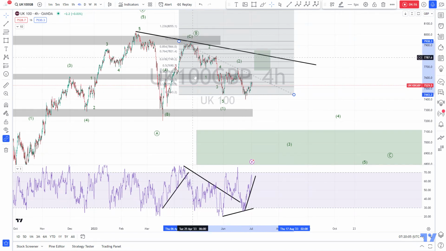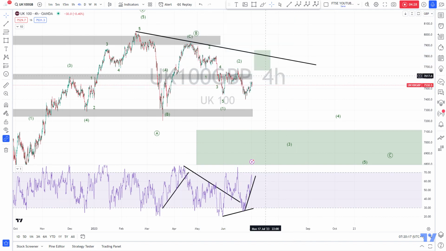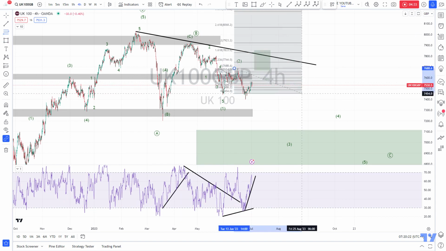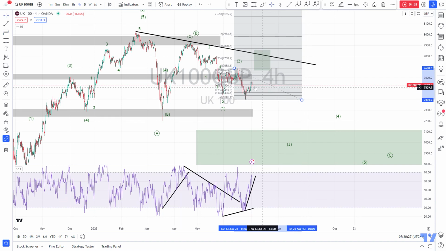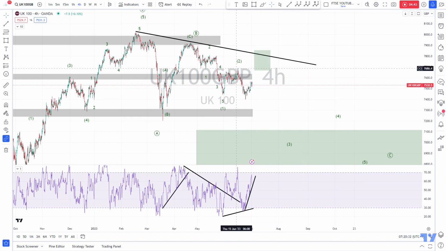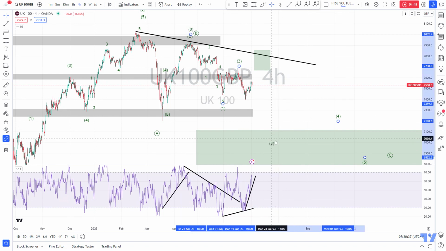So if here our wave 1 in the higher degree is in, or wave 2 in the lower degree is in, then we will only see this 1, 2, where we somewhere are now. Look, from here we also reached the 0.5 FIB retracement. So from here we will then have 1, 2, and 3 down here to complete this wave 3.